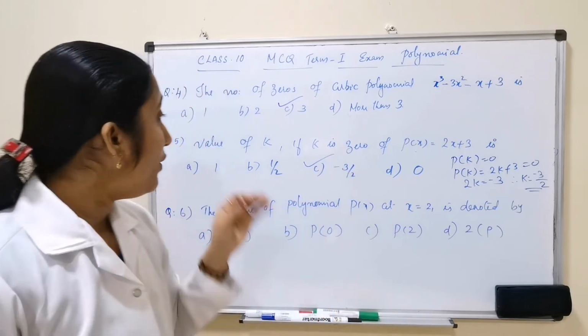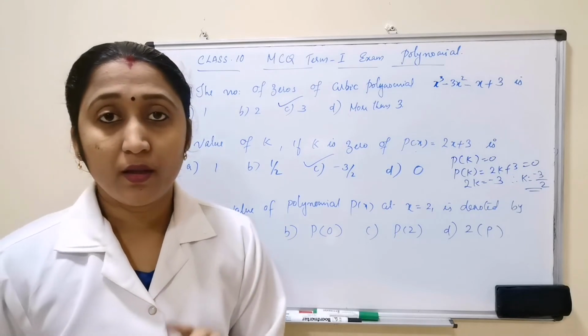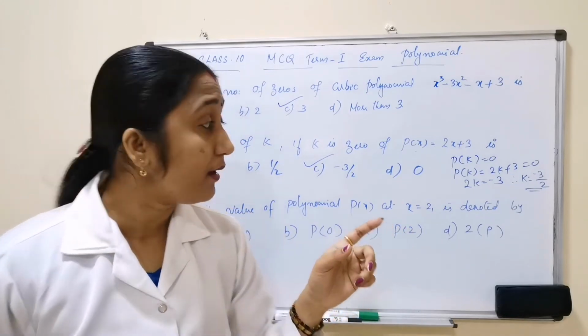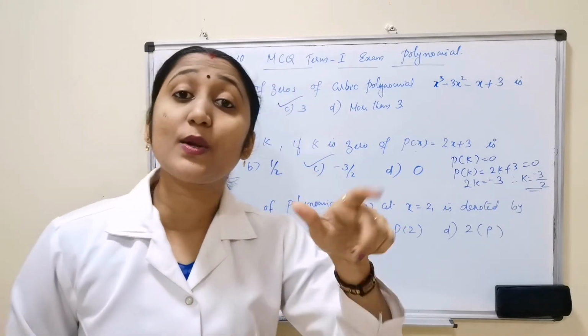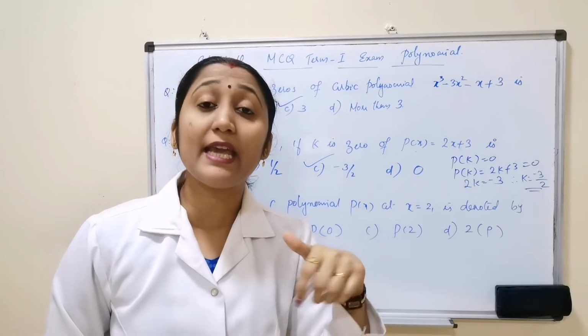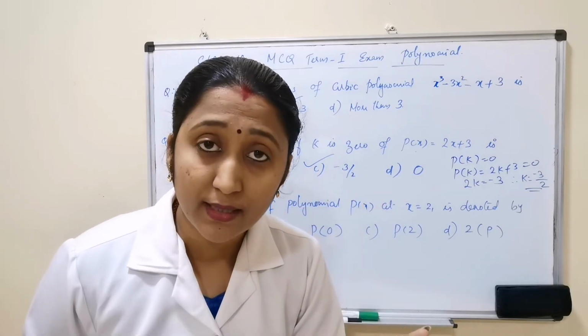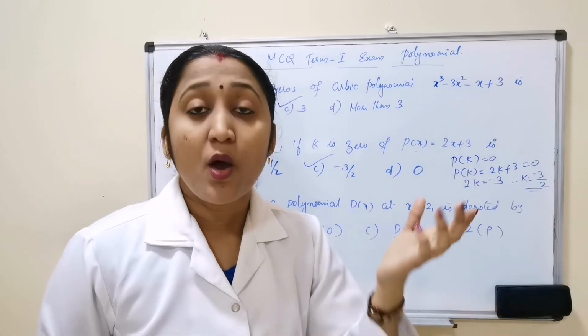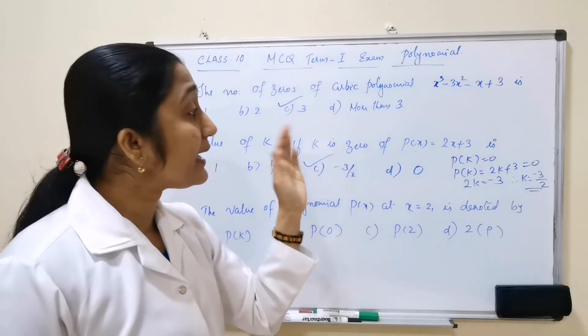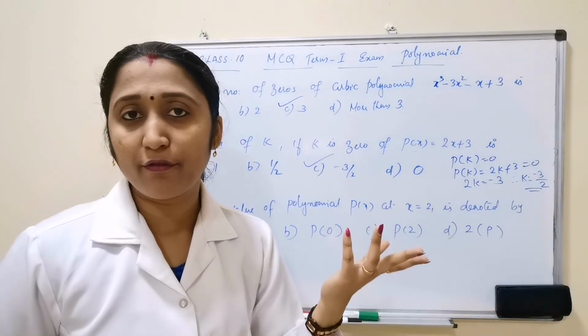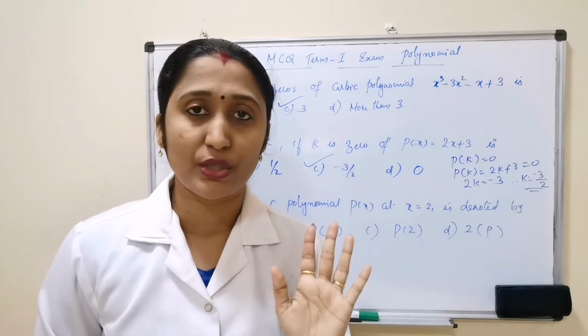Once more, what is the value of k if k is a zero of p of x? If a is a zero of the polynomial, then p of a equal to 0. In that case, k is a zero of p of x means p of k equal to 0.